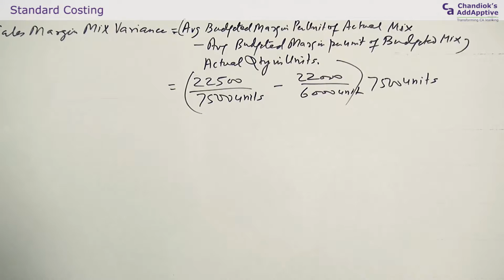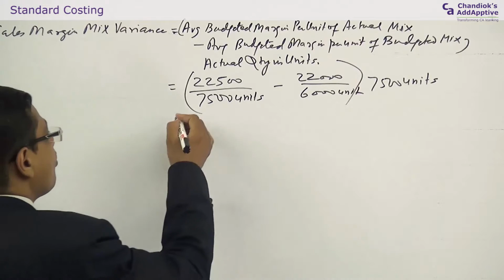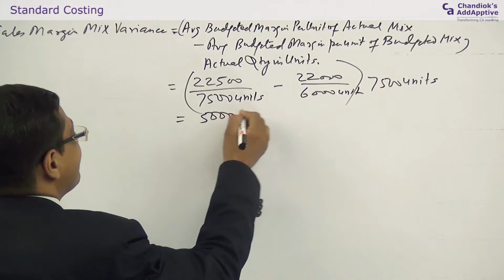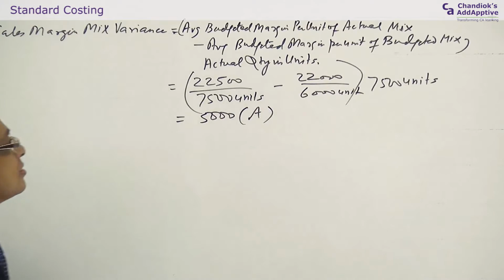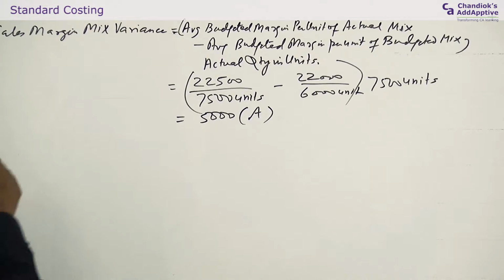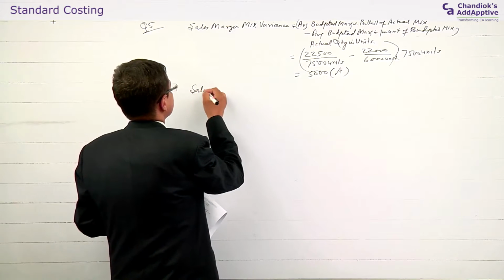So, on solving this chart, you get the figure at 5,000 adverse. So, this is the sales margin mix variance.